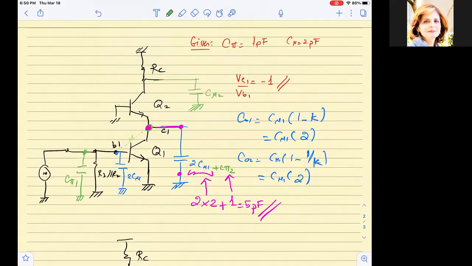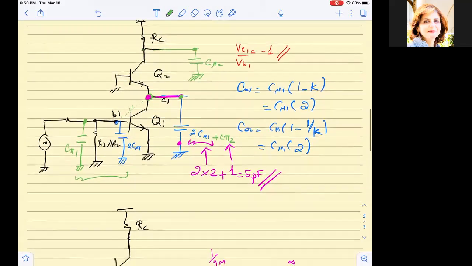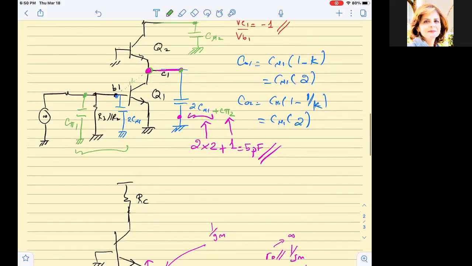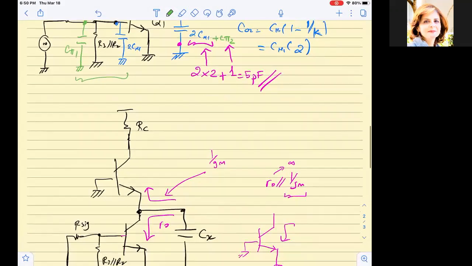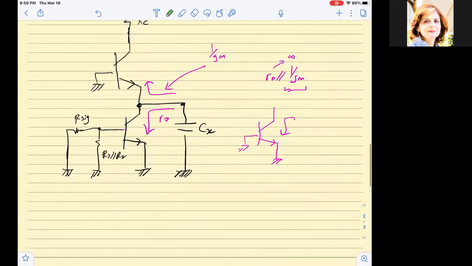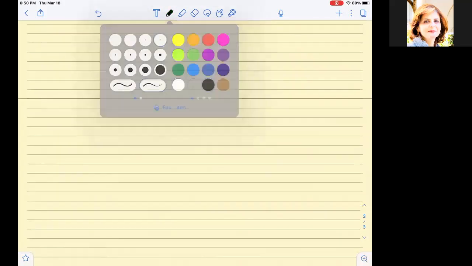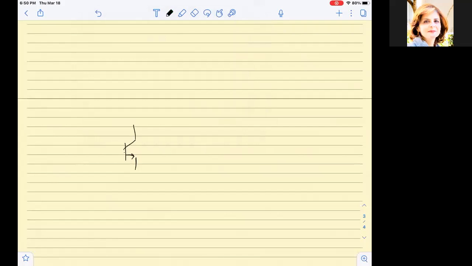C pi plus 2C mu are treated as one capacitor. Cx, which we just found, is one capacitor, and C mu2 is another capacitor. Okay, so from this side, what is the resistance seen by C pi? We go back to draw this drawing. I have this grounded and it has a resistance here, and then my transistor is like this, and this is the output.